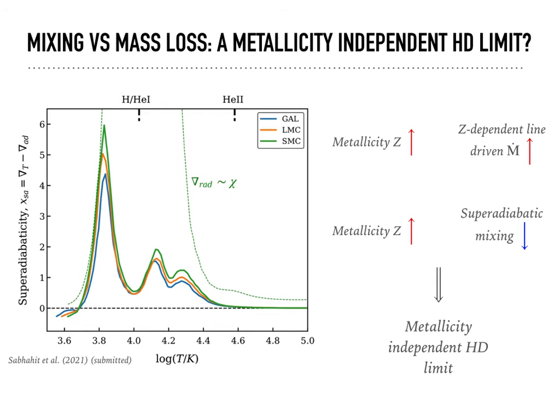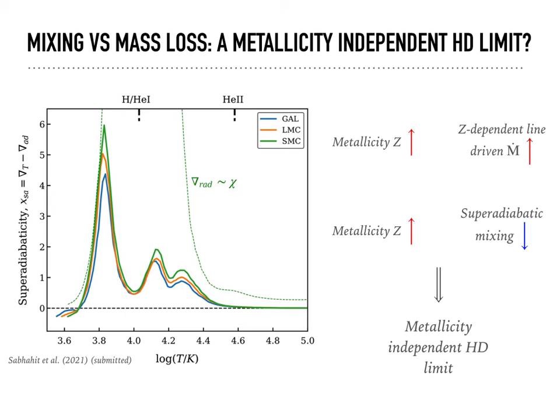So what's exactly causing the metallicity independent trend of the HD limit? That's to do with the excess mixing in the envelope as a function of metallicity. The plot we see here is the distribution of superadiabaticity inside the star for 3 different metallicities. In the outermost layers, the superadiabaticity depends on the strength of the hydrogen-helium bump, which, against intuition, is stronger at lower metallicity.